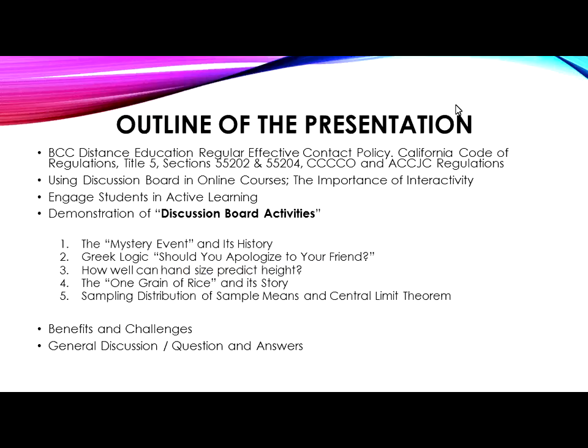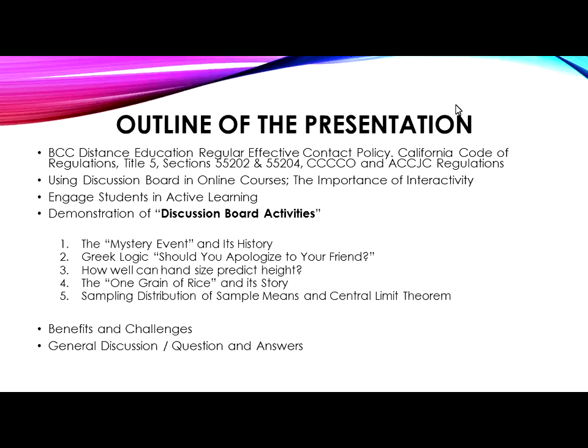The outline of today's presentation is, first, I want to share with you our Barstow Community College Distance Education Regular Effective Contact Policy, which is based on California Code of Regulations Title V, Sections 55202 and 55204, and also some regulations from the Chancellor's Office and ACCJC.